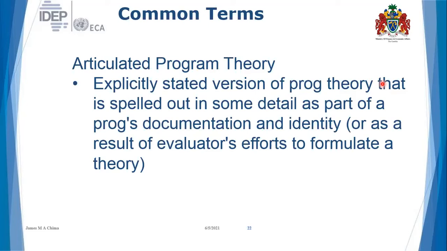Articulated program theory. This is an explicitly stated version of program theory that is spelled out in some detail as part of a program's documentation and identity, or as a result of evaluators' efforts to formulate a theory.